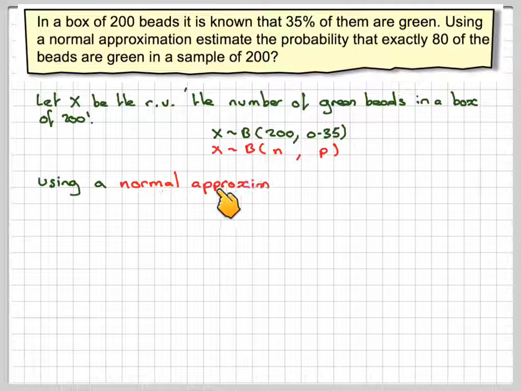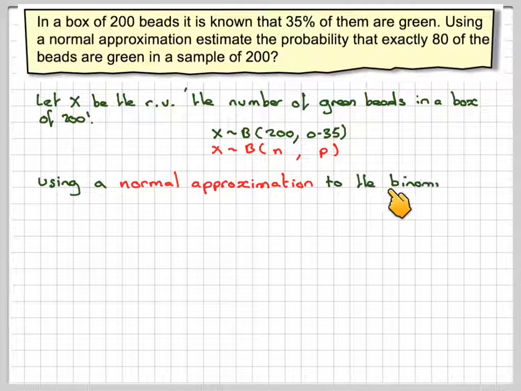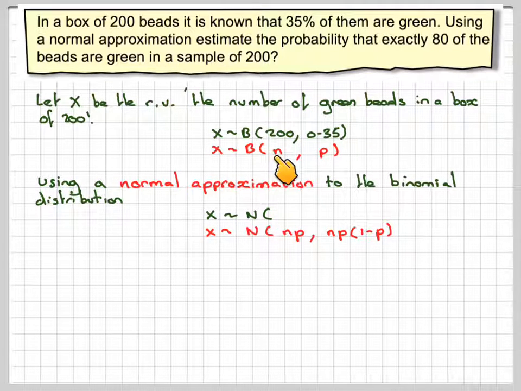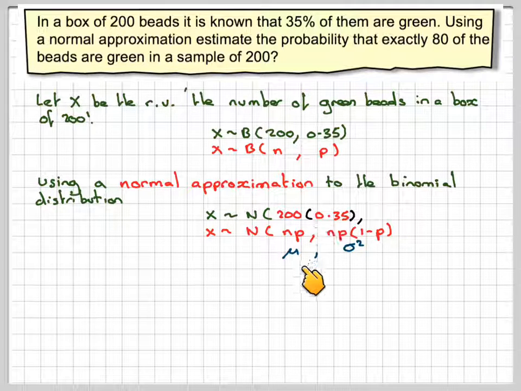Using a normal approximation to the binomial distribution, we have that X is normally distributed. We have to do n times p, so it's going to be 200 times 0.35, because the parameters of a normal distribution are mean and variance.